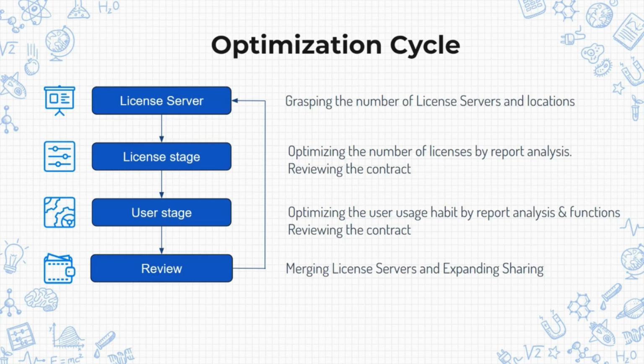Could be a duplicate. So if you merge them, you might be able to expand sharing. So maybe you can repeat this whole process several times. Then you can optimize your software usage, I think.